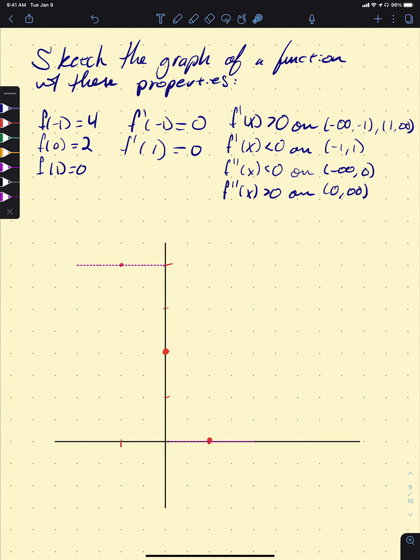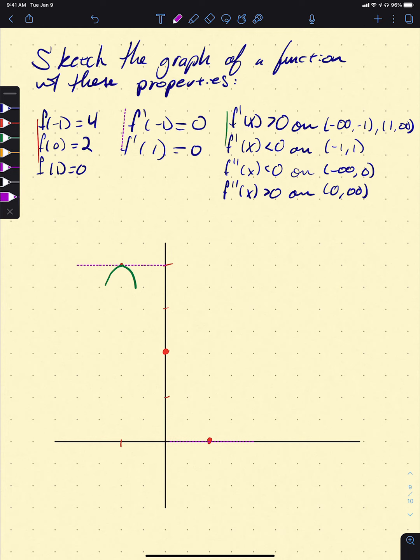Further, notice that around -1, here on this side, we're positive. Here on this side, we're negative. And since we're going from a positive slope to a negative slope, we're going to have a local maximum right there, where I guess I'll sort of color code where all of this information comes from.